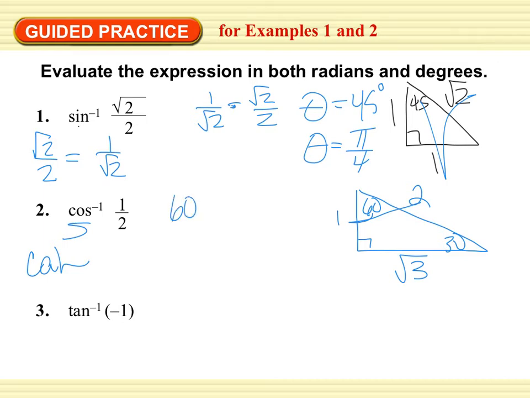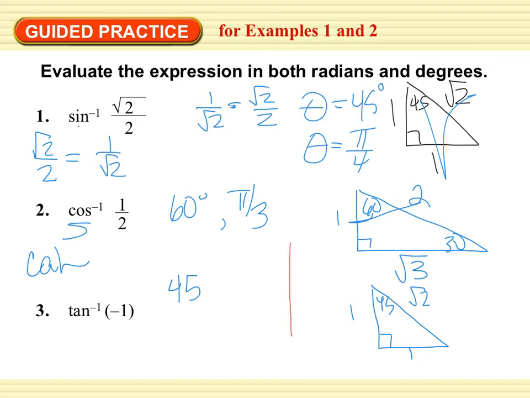My angle would be 60 degrees, which is also pi over 3. Okay, tangent is -1. That's my 45, 45, 90 degree triangle. So that's opposite over adjacent. So I'm at 45 degrees, but I'm not sure where. I'm out of space. Okay, I'm going red. So opposite over adjacent.